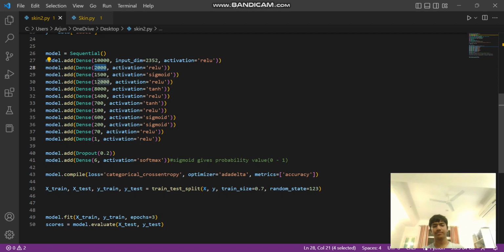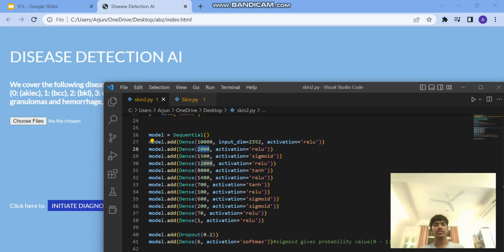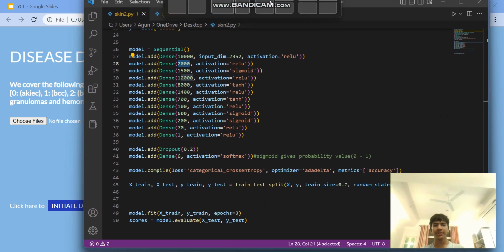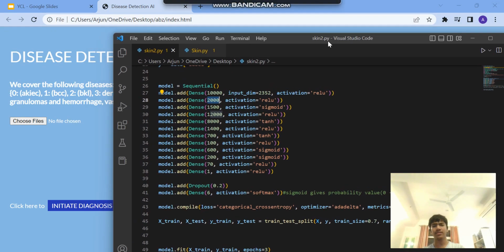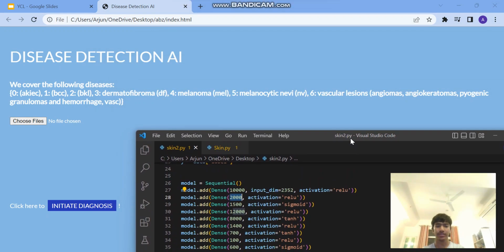So yeah, we have made both a model and a website, but the problem that arises right now is that the model, while it is very efficient in terms of loss, is a little compromised in terms of accuracy.